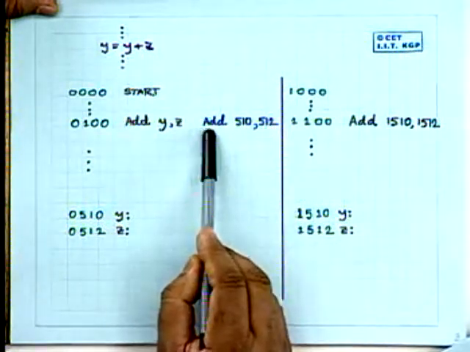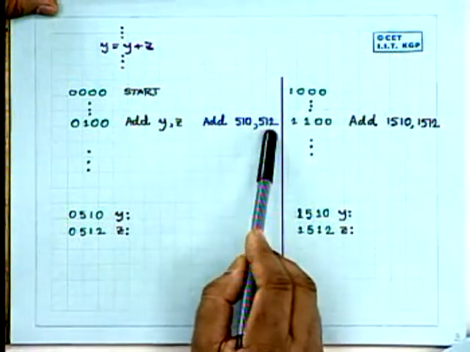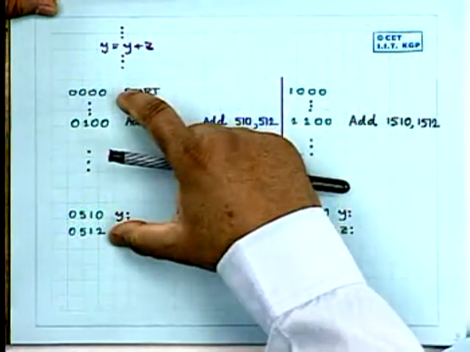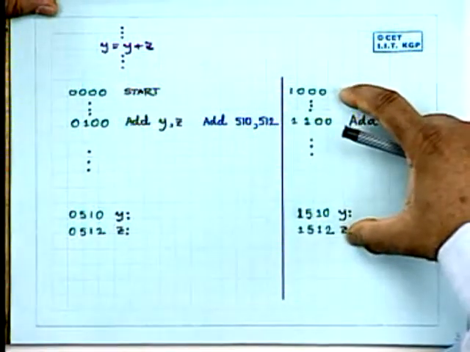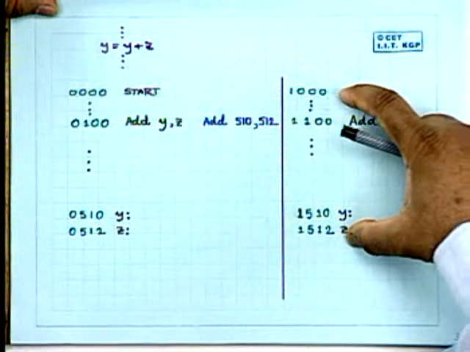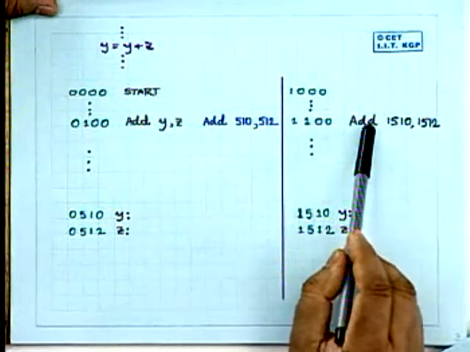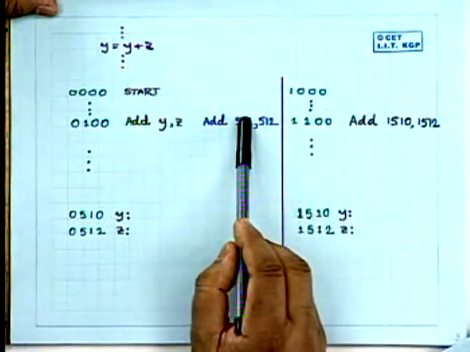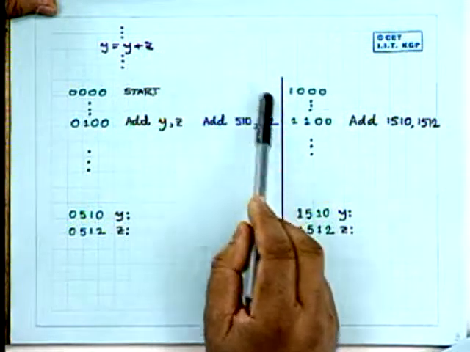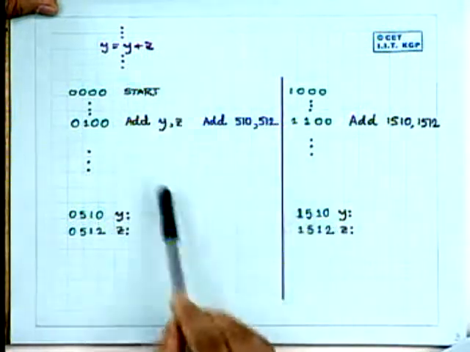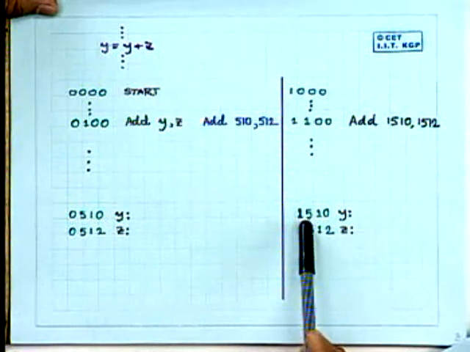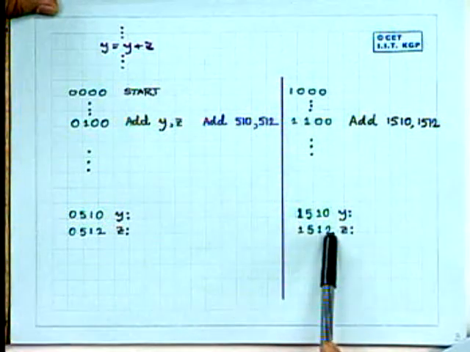Now, if we do not change these two addresses, as we have shifted the entire program from 0 to 1000, in that case, while executing the add instruction, it will go to memory locations 510 and 512 for the data, whereas the data is actually now in locations 1510 and 1512.